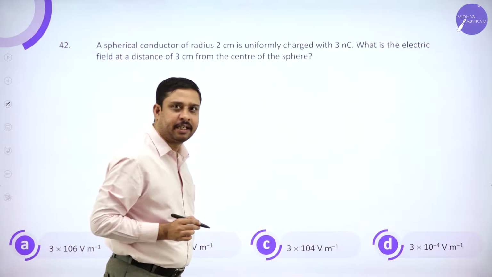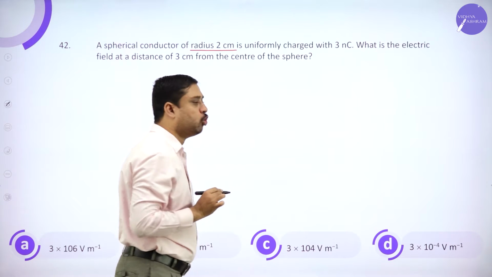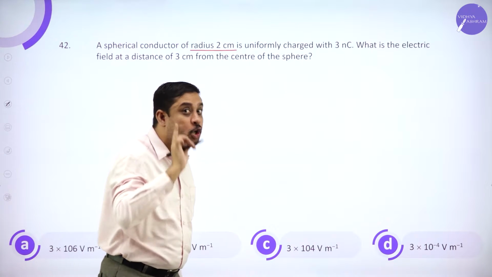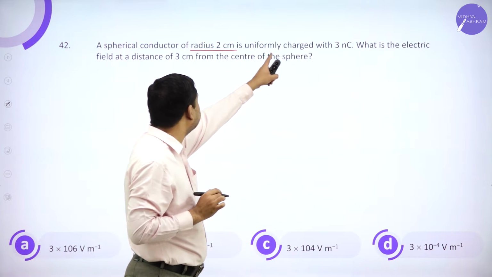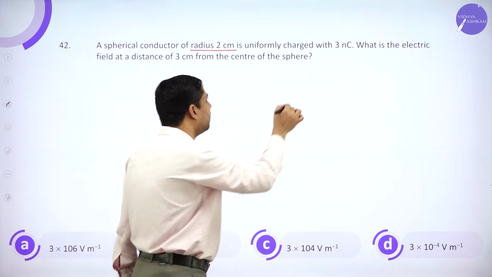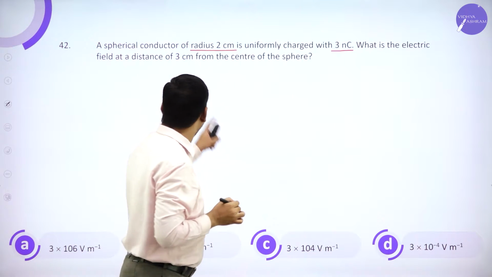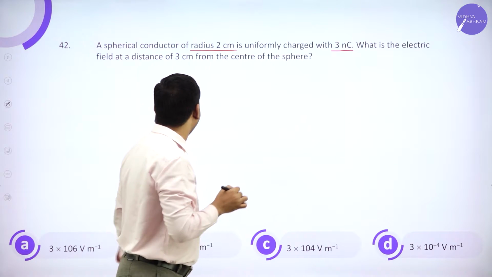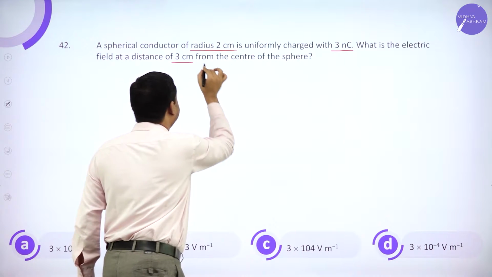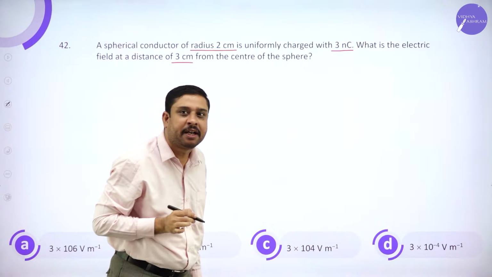Spherical conductor of radius 2 centimeter is uniformly charged with 3 nanocoulomb charges. Electric field at a distance 3 centimeter from the center of the sphere.